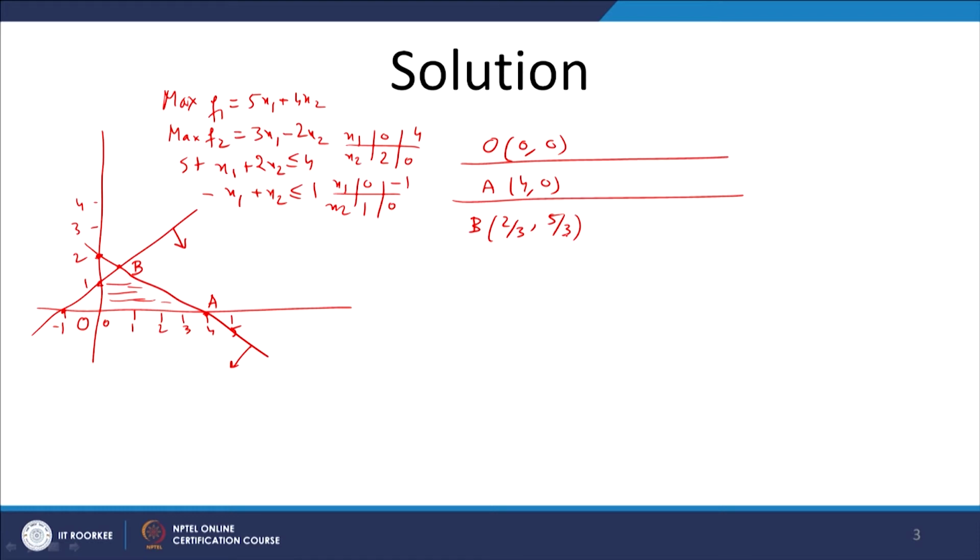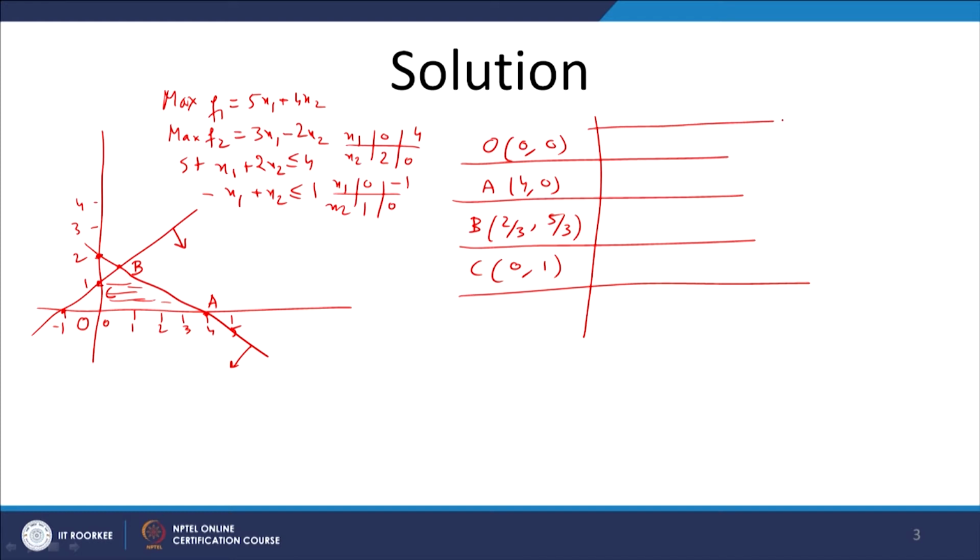This you can obtain by solving the 2 equations. And finally, the point C, which is given by 0, 1. So, these are the 4 points which show the feasible region.